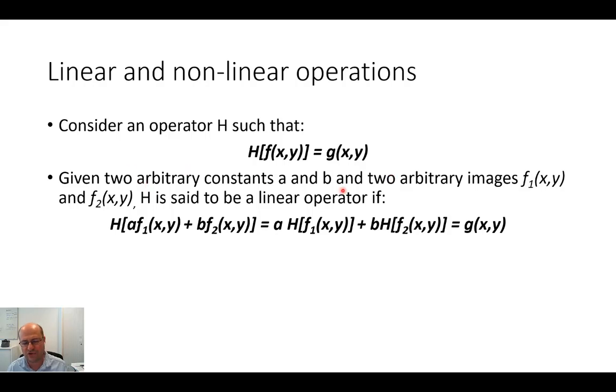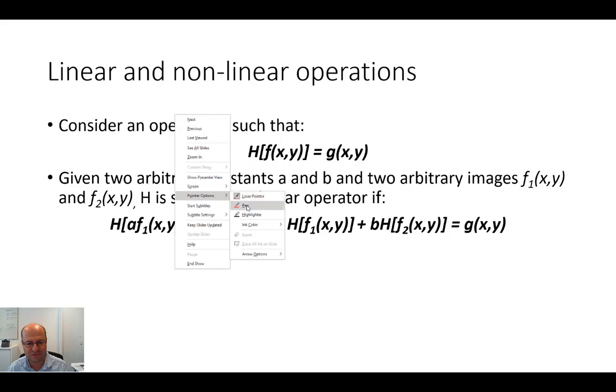Now, given two arbitrary constants a and b, and two arbitrary images, f1 of x and y and f2 of x and y, we say that the operator h is linear if the operator is applied to a linear combination of the functions f1 and f2.